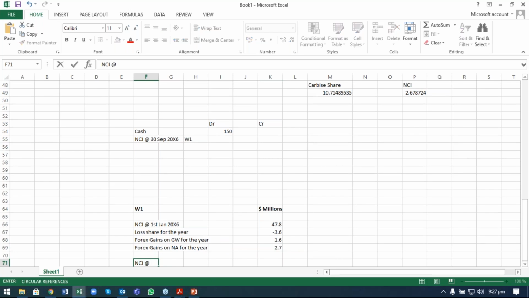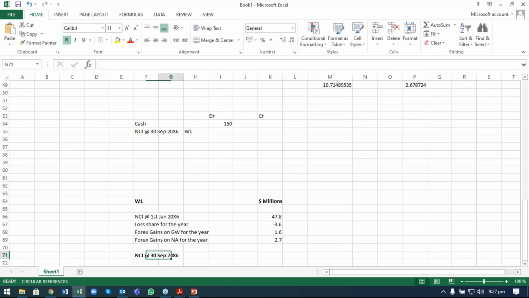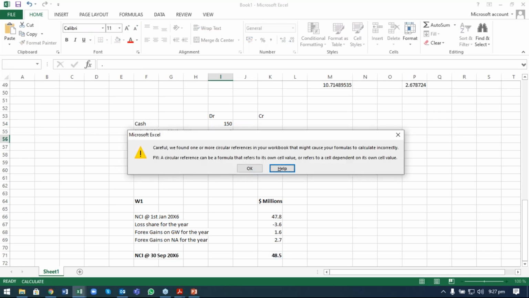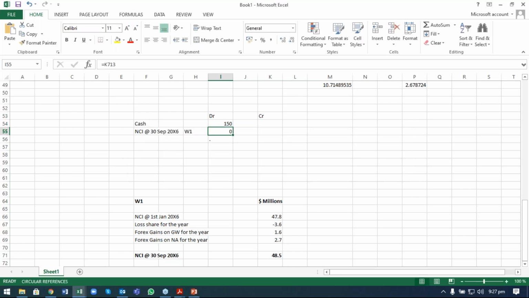NCI at 30th September 20X6 would be, this total value is 48.45, so 48.5. So I have to debit this value, right? Okay, sorry, I believe I did something wrong. 48.5 million. So this was mentioned over here.